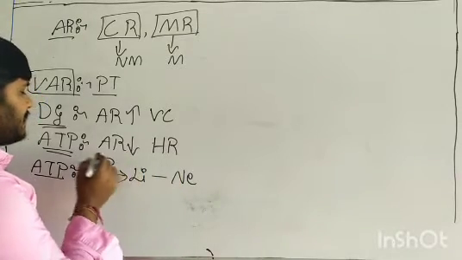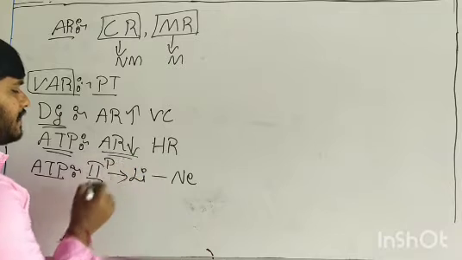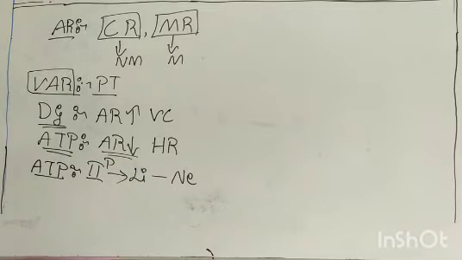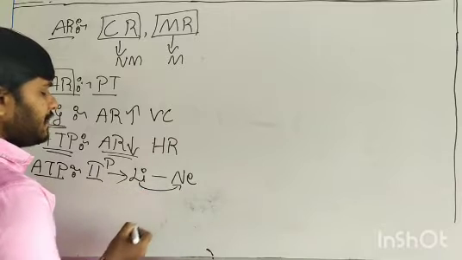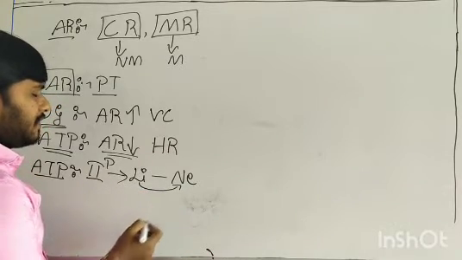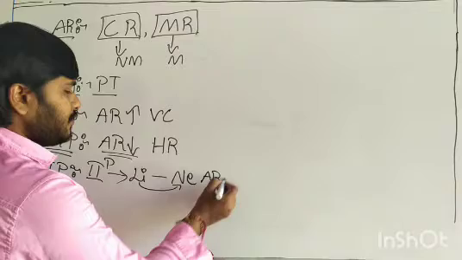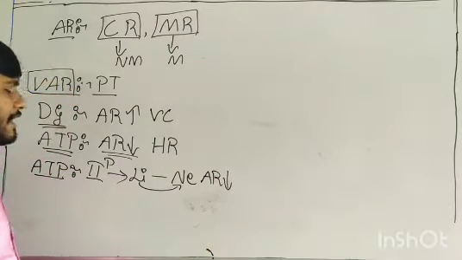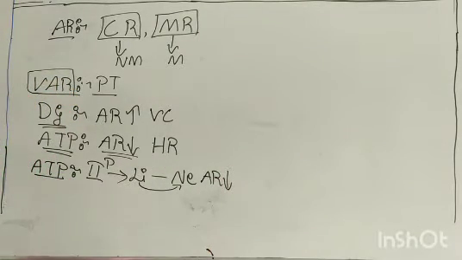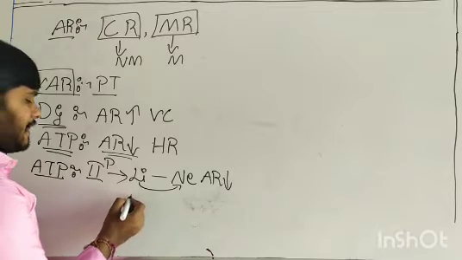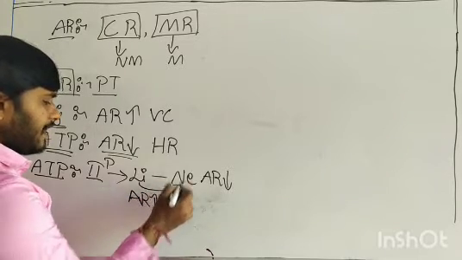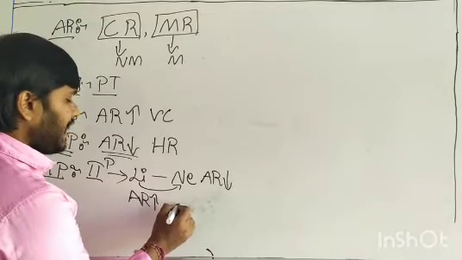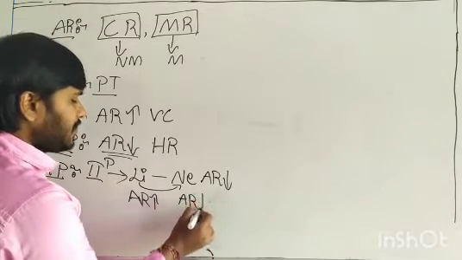Along the period, atomic radius decreases. That means when you move from lithium to neon, the atomic radius should become less. Lithium will have more atomic radius, whereas neon will have less atomic radius.